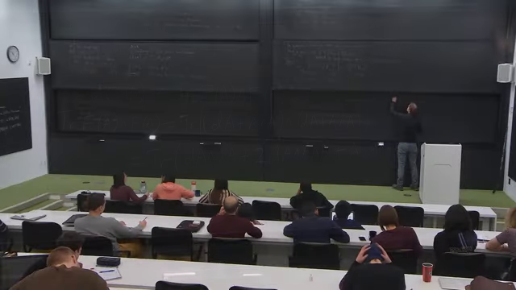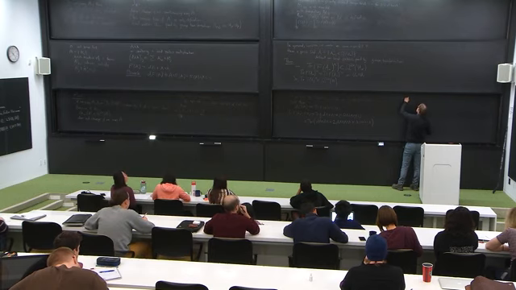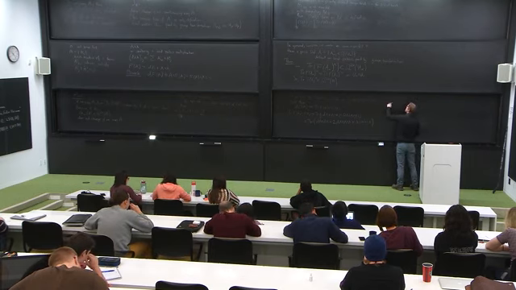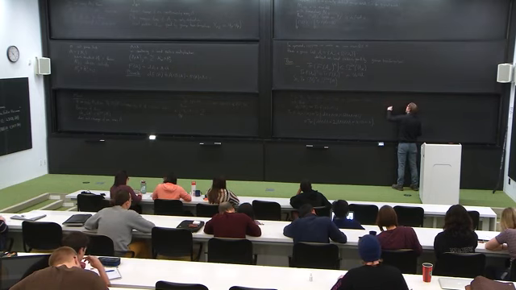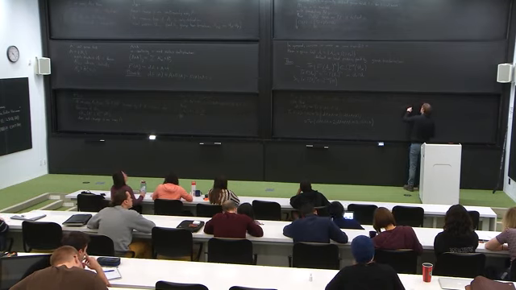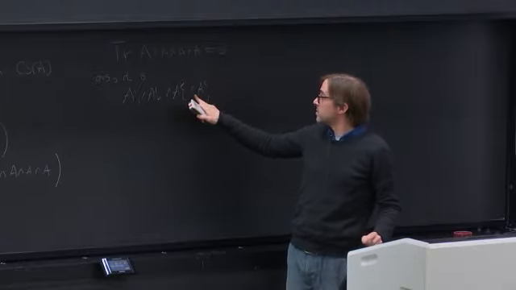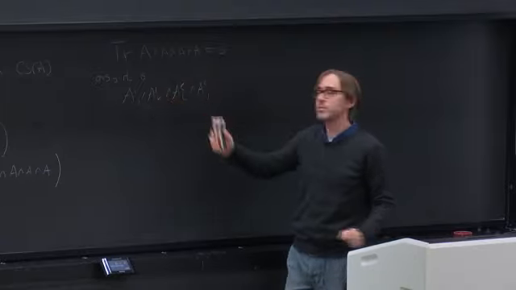So the trace of A wedge A wedge A wedge A, up to some sign, equals 0, because it is A_ij wedge A_jk wedge A_kl wedge A_li. Now, the wedge product of one-forms is anti-commutative.